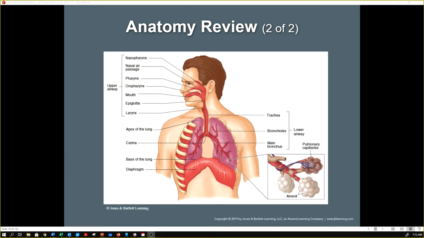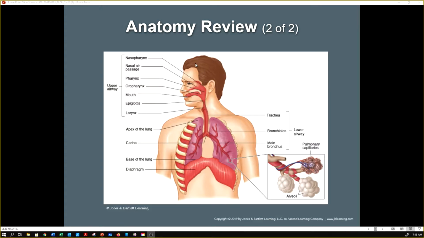It's just a review for you at this point, really. When we mentioned the alveoli and gas exchange, it's pretty common knowledge for you guys right now. And then we mentioned the phrenic nerve in the past, and we're just going to mention it again. The phrenic nerve is that nerve that innervates the diaphragm, right?